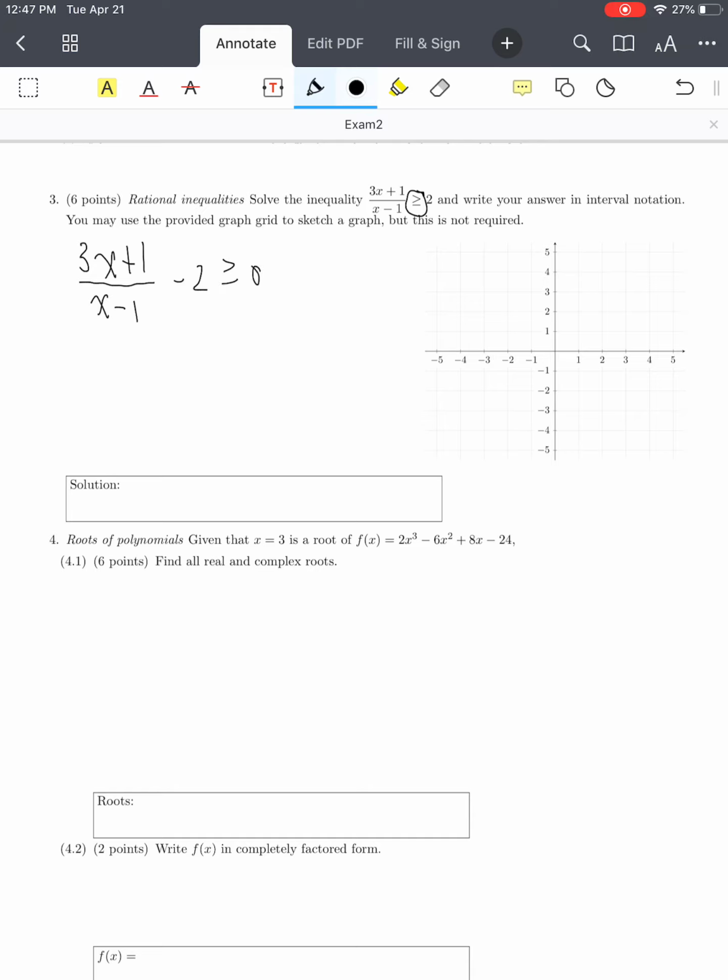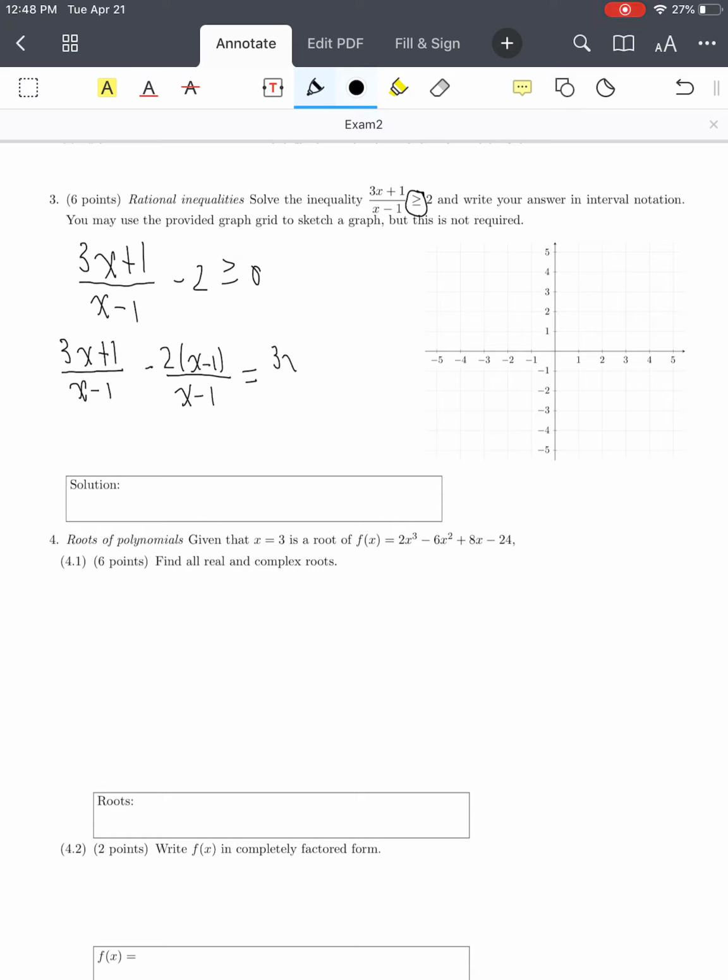And now on the left hand side, I want to subtract these two things, so I need to have the same common denominator. So I'm going to multiply the -2 by (x minus 1) over (x minus 1). So (3x plus 1) over (x minus 1) minus 2 times (x minus 1) over (x minus 1).